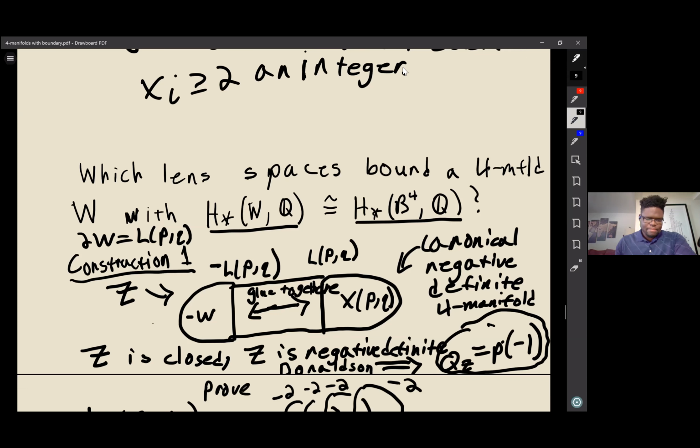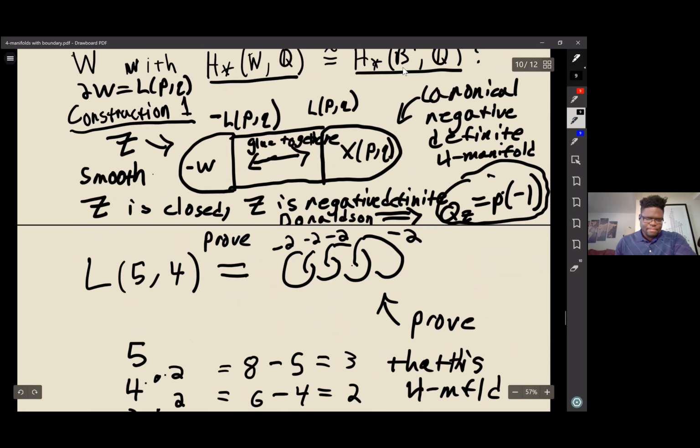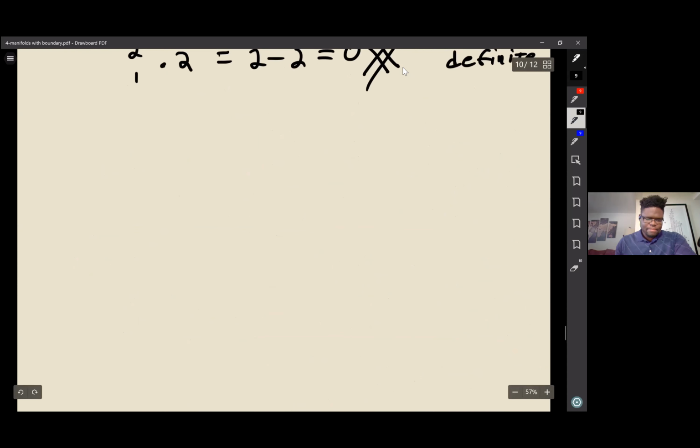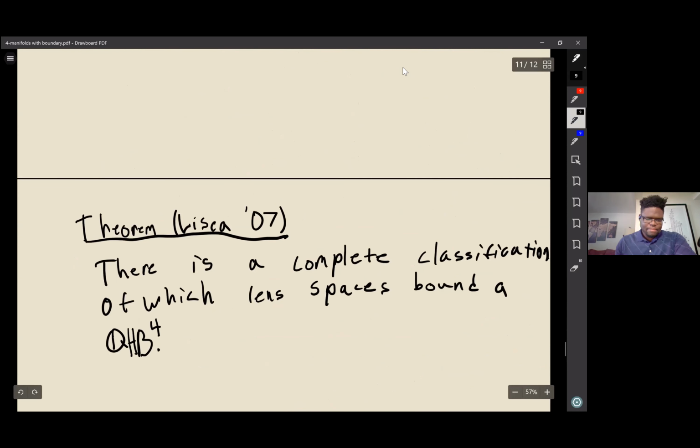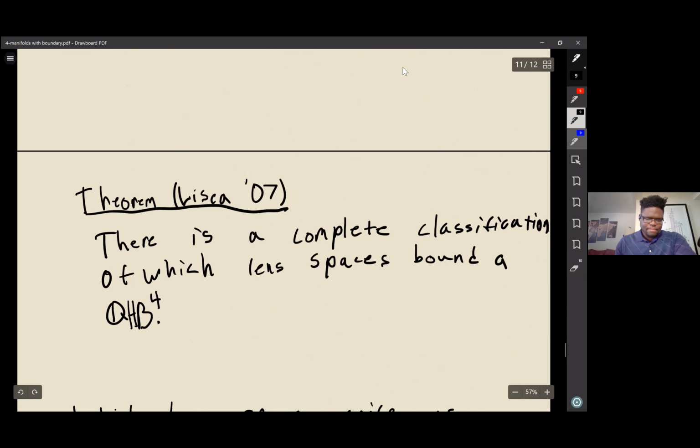Donaldson's theorem says that if I have a closed definite smooth manifold, then its intersection form is diagonal. And so in 2007, Lisca used this lattice-theoretic approach to actually classify which lens spaces bound rational homology four-balls.